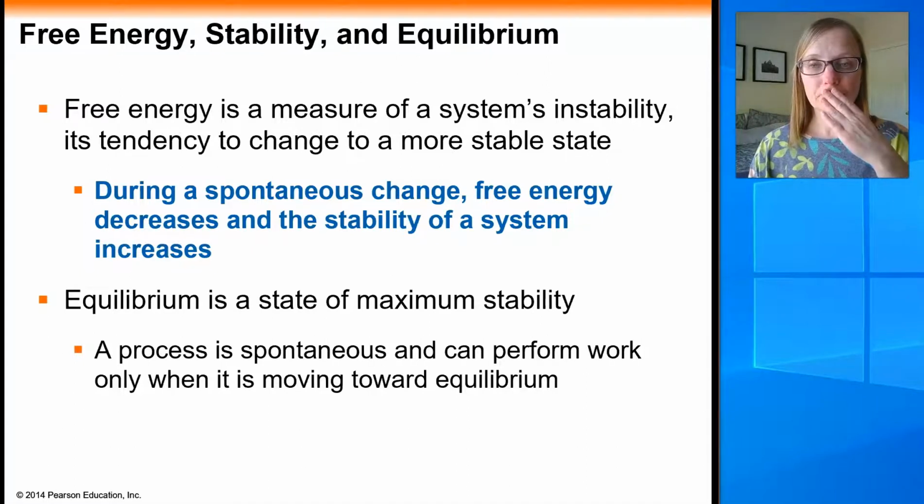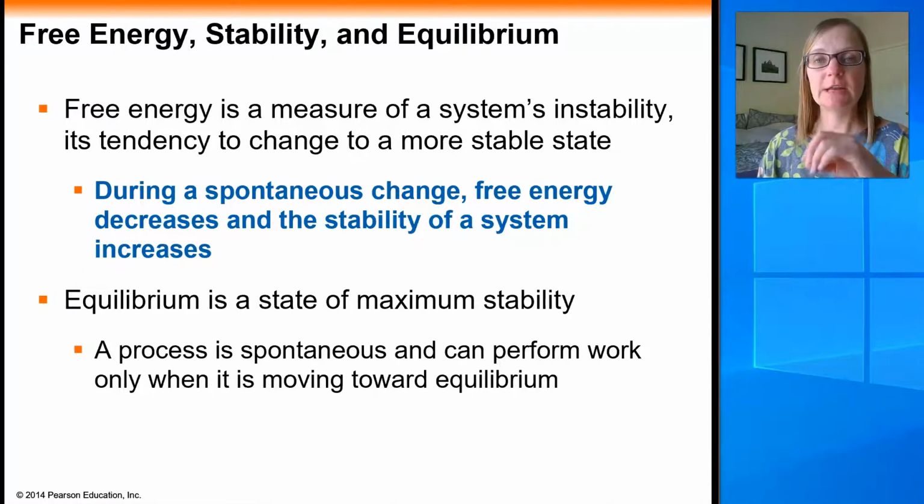Okay. Now, as we look at the change in free energy, or maybe let's say total free energy of a system, it is also a measure of the system's instability and its tendency to want to change to a more stable state.